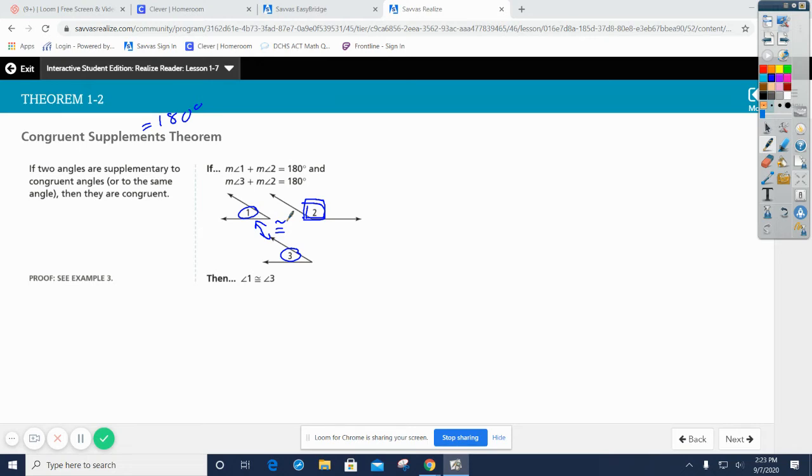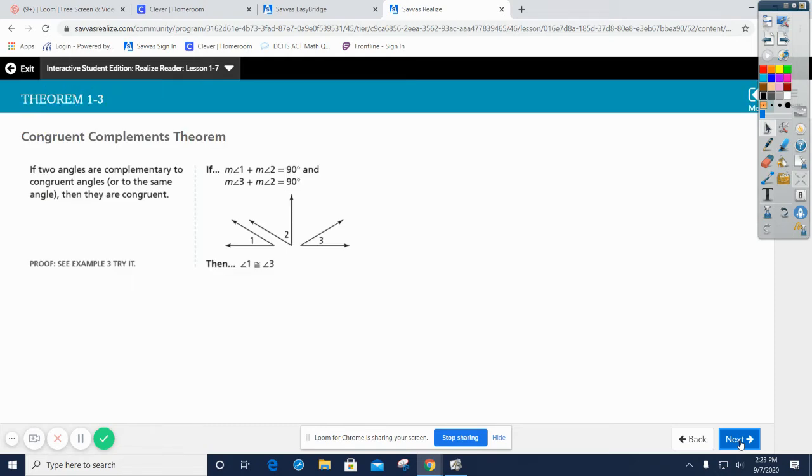So if you got 3 angles and 2 sets equal 180, then the 2 that are not the same are equal to each other. So main thing here is remember what supplementary means. It means equals 180.